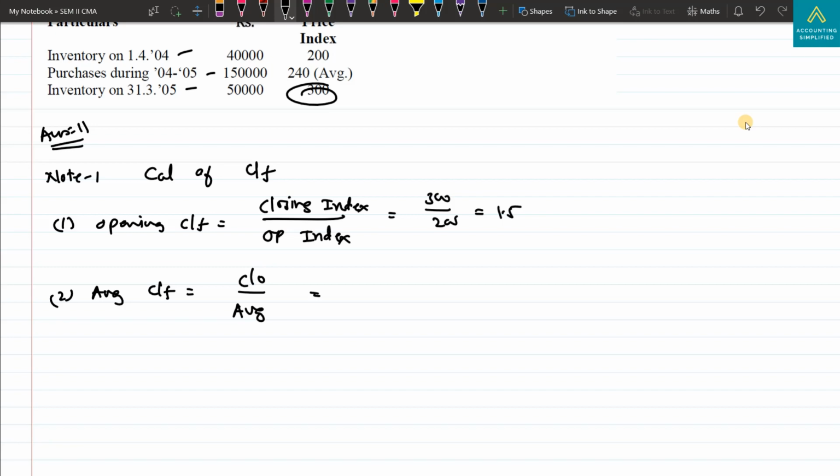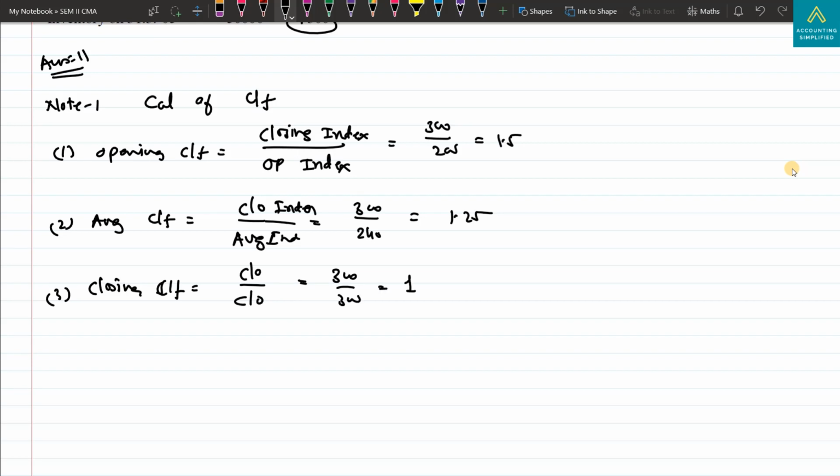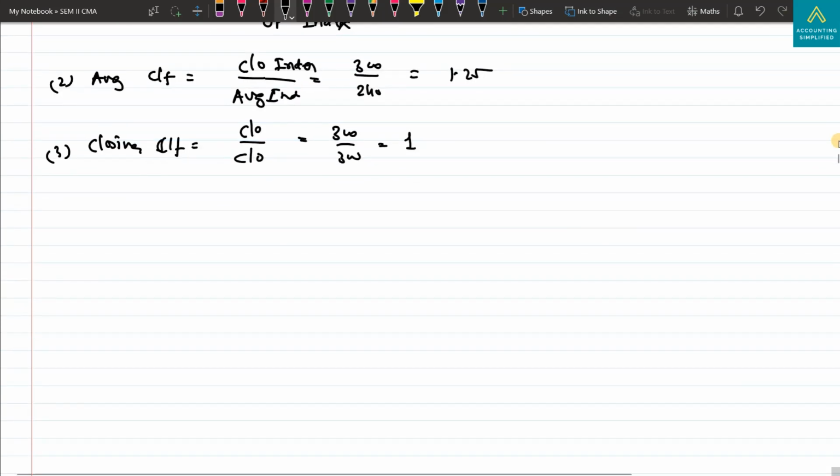I am not writing complete, you can write closing index and average index. So 300 divided by 240, average is given 240, it comes 1.25, similar to the earlier example. Closing conversion factor is equal to closing index divided by closing index. So 300 divided by 300, it comes 1. Now next we want to find out COGS and closing stock.